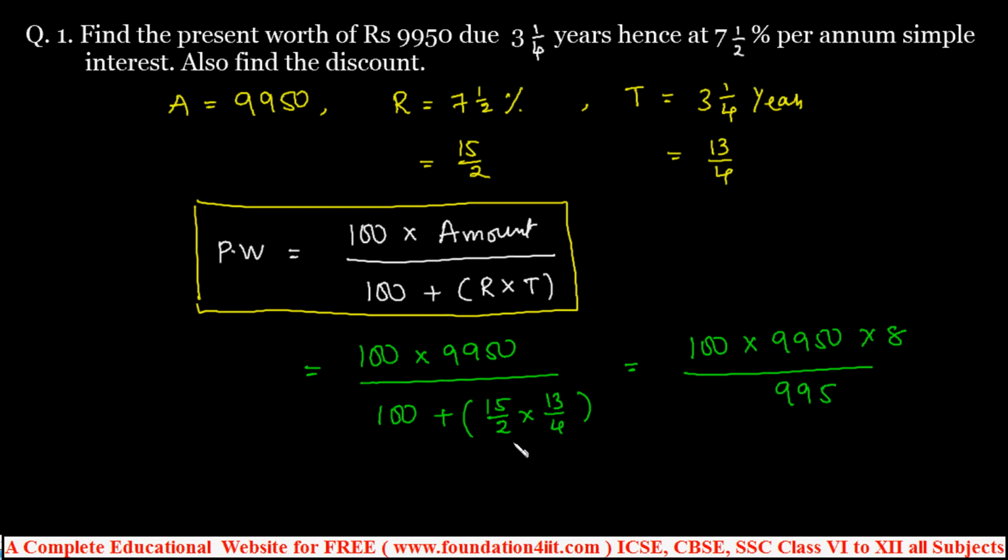Just I simplified, 2 into 4 is 8, 800 into this 195, right? And do cancellation. 995 times 10, 100 into 10,000 into 8, 8,000. So rupees 8,000 is the present worth.